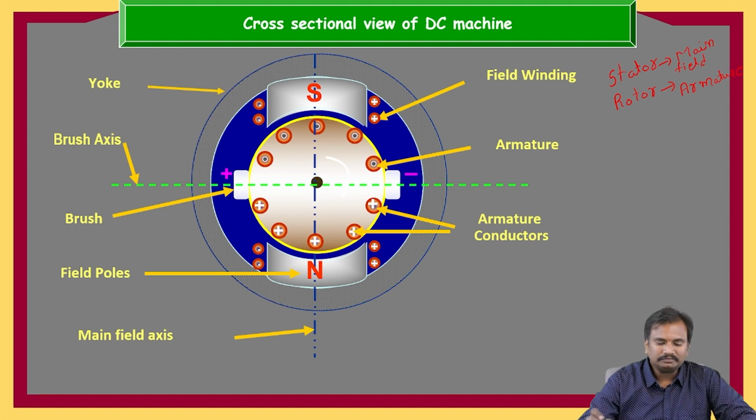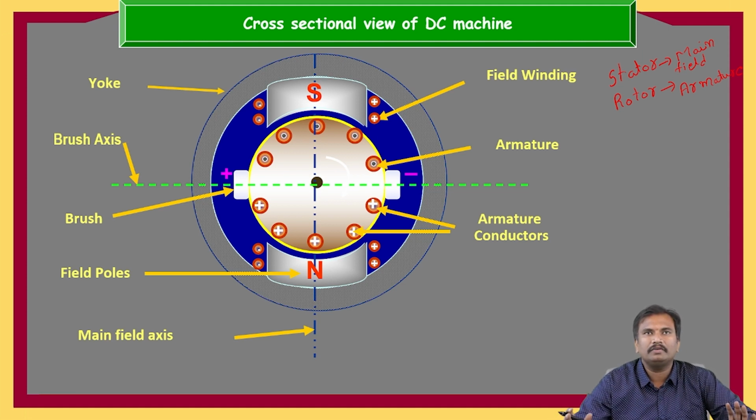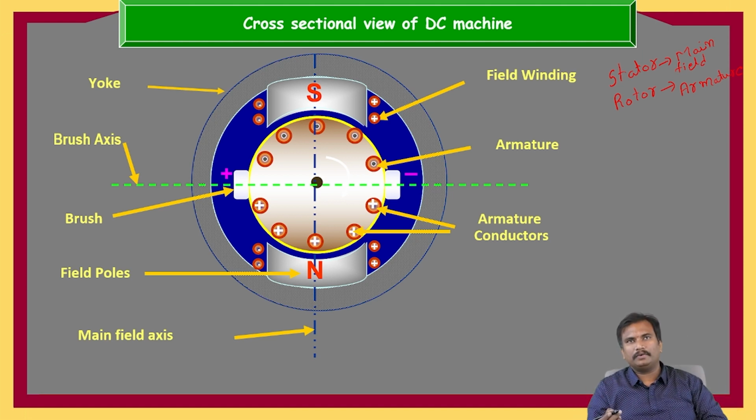And for the armature conductors, in order to collect the current, we are going to have the brushes. This is only a simple view. I will show you the complete cross-sectional view clearly, so that you will see some more parts in the rotor.